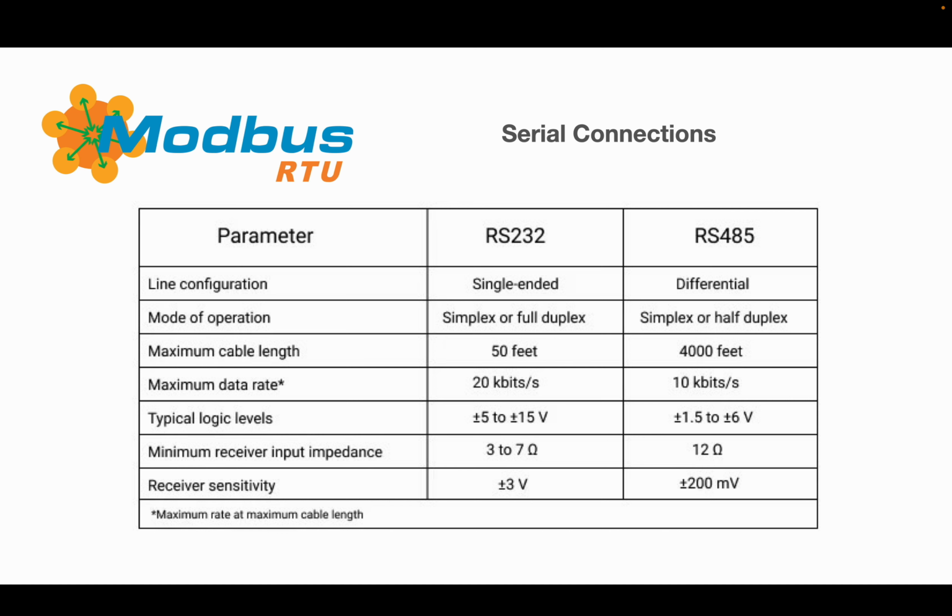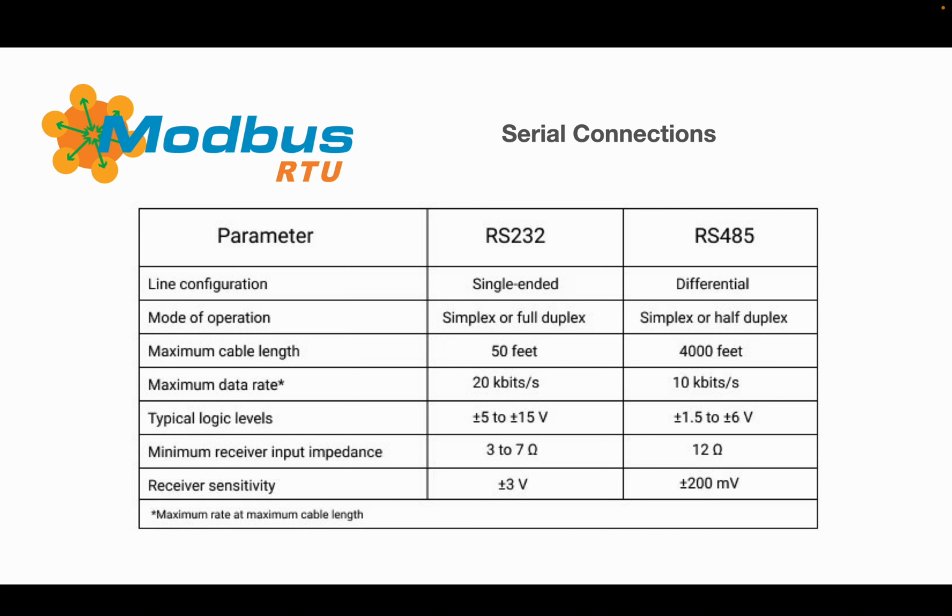We have got different types of serial communication. There's many different types, but the most popular two that we're listing here are RS-232 and RS-485. Most Modbus installations would be utilizing an RS-485 or its derivative, the 422.